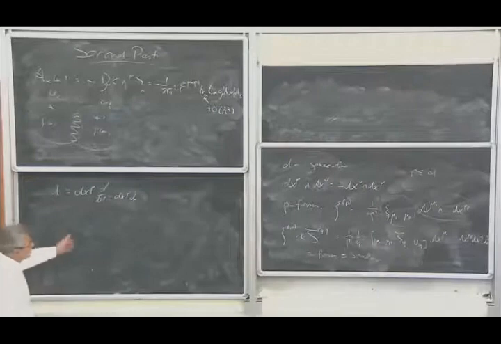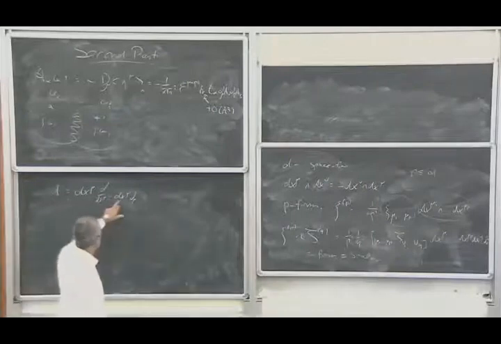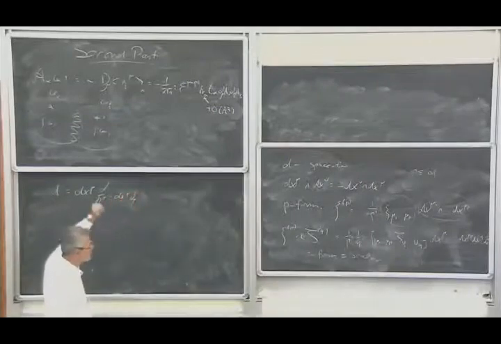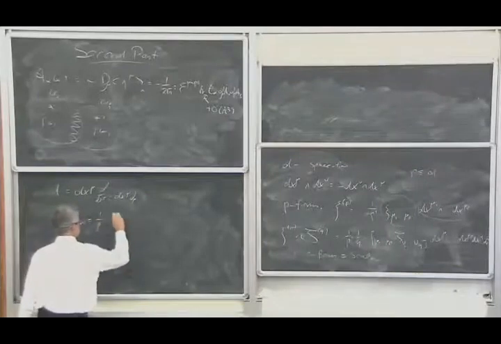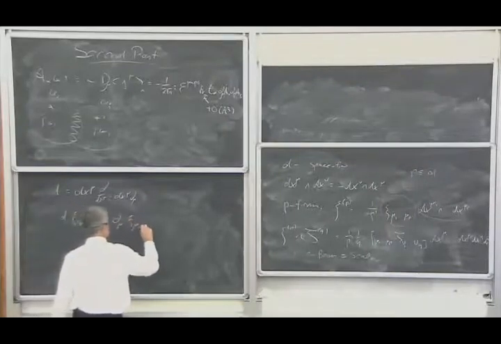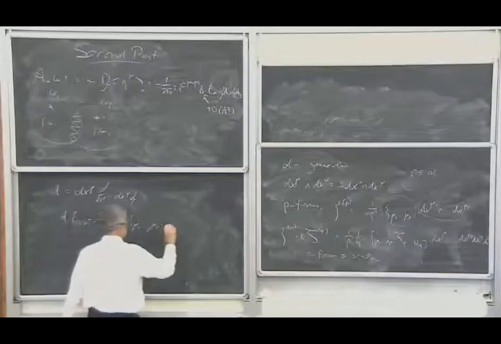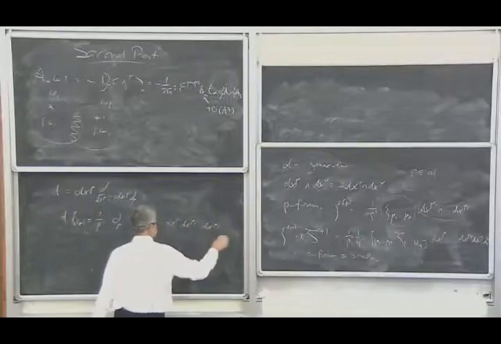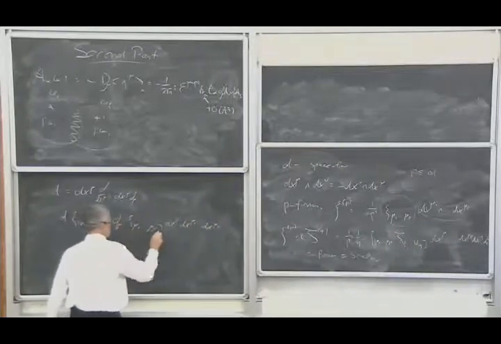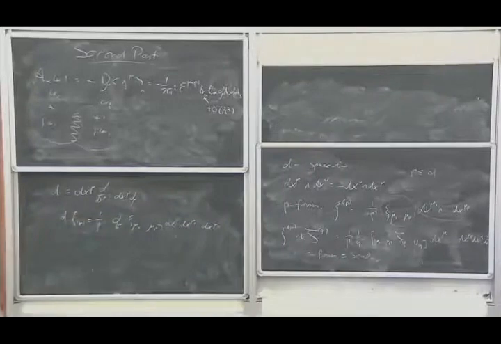So if we act on some p form, because there's one more dx here, we get a p plus 1 form. So d on psi p, 1 over p factorial, d_mu psi_{mu 1 ... mu p}, and then we get dx^{mu 1} ... dx^{mu p}, and because that's antisymmetric, we have to antisymmetrize the indices.